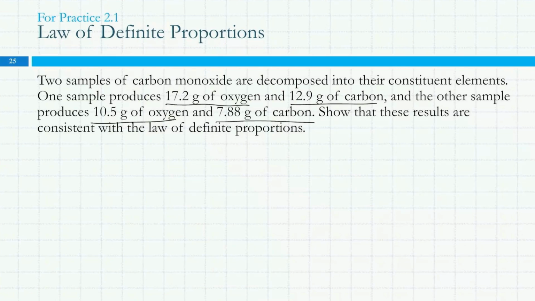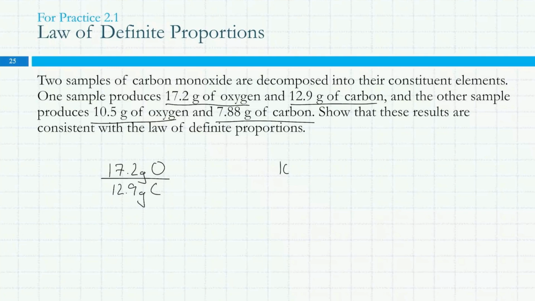And a lot of the time, if one is larger than the other, so if I'm looking at 17.2 and 12.9, I will want to do 17.2 divided by 12.9 just to get a number larger than 1. So for my first sample, 17.2 grams of oxygen divided by 12.9 grams of carbon.